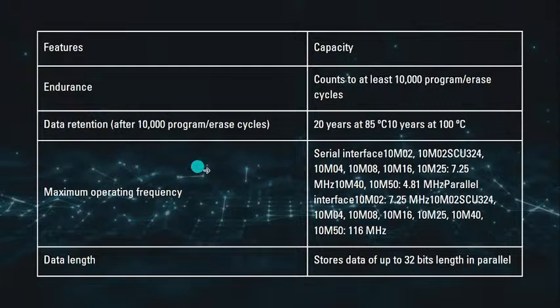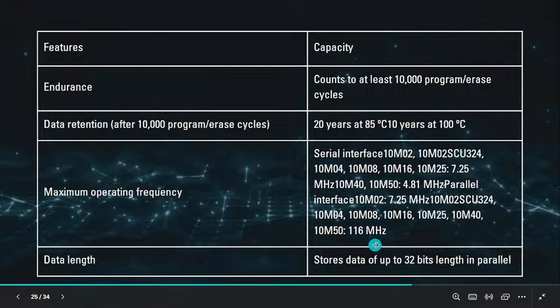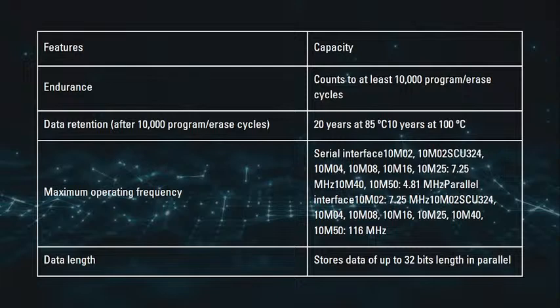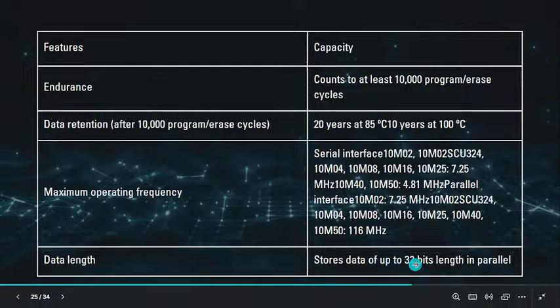If you use the serial interface of the FPGA, our FPGA is the MAX10 50, it has a 4.81 megahertz rate. And if you use the parallel interface, you will get 116 megahertz frequency. The data length of the FPGA is 32 bits in parallel.